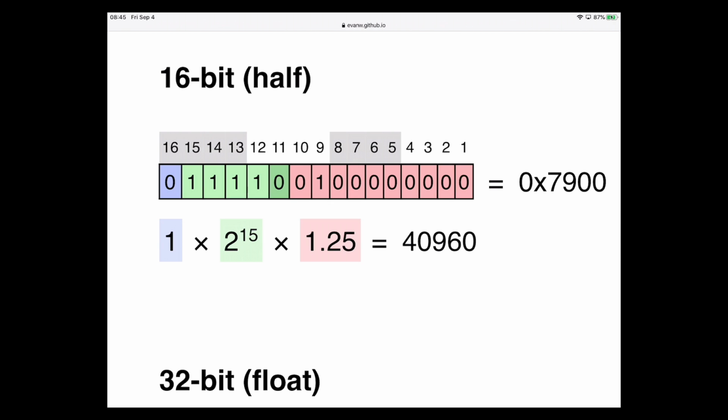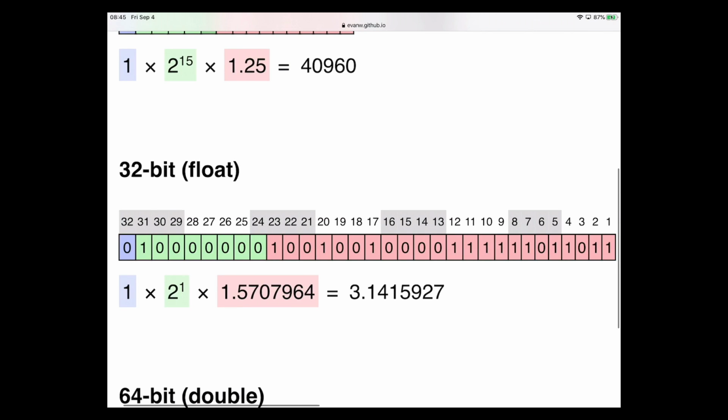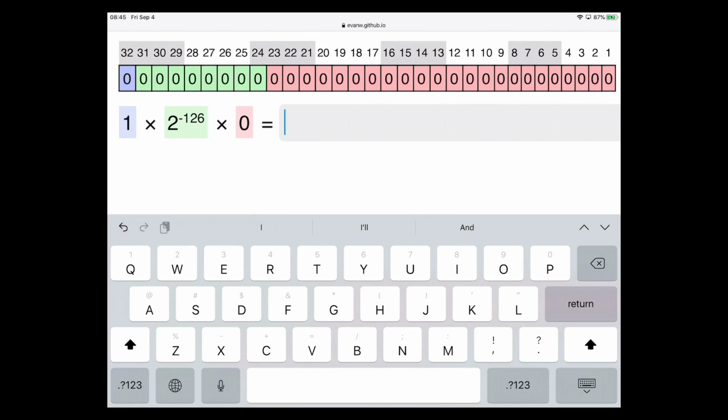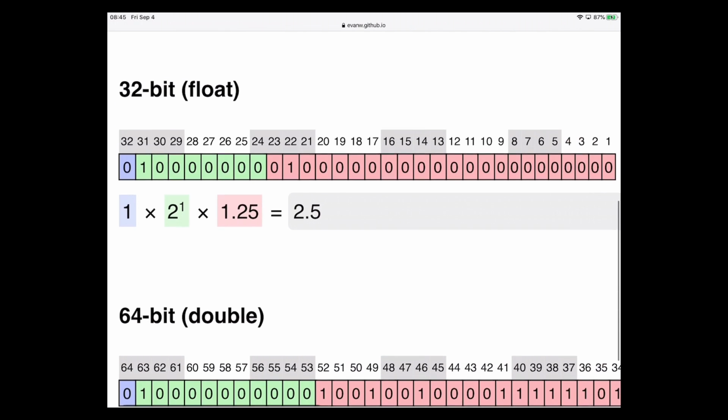Now, if I do the same thing in 32 bits, notice that the pattern seems to be somewhat similar, right? What's the mantissa? 0, 1, followed by a ton of zeros to make it fit. Almost the same thing. What about the exponent? How did I get that?